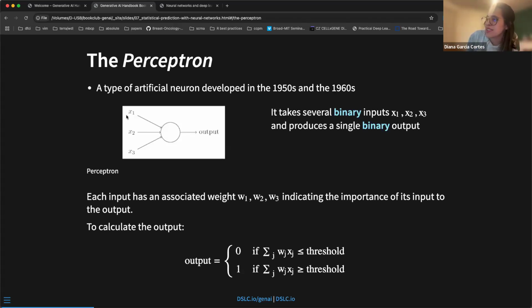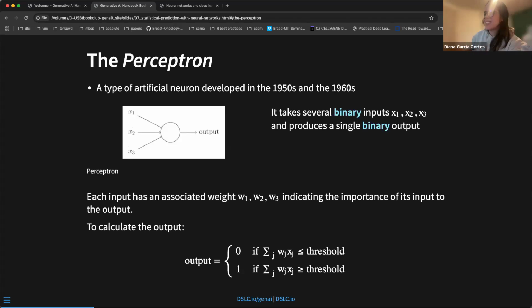So for instance, if we only care about the weather and we don't mind going by ourselves, or if we know that we actually like cheese, one of the inputs could have a weight of 3, and the other two inputs could have a weight of 0, and our threshold could be 2 or 3. So the other variables wouldn't matter. We would only worry about the weather that day.